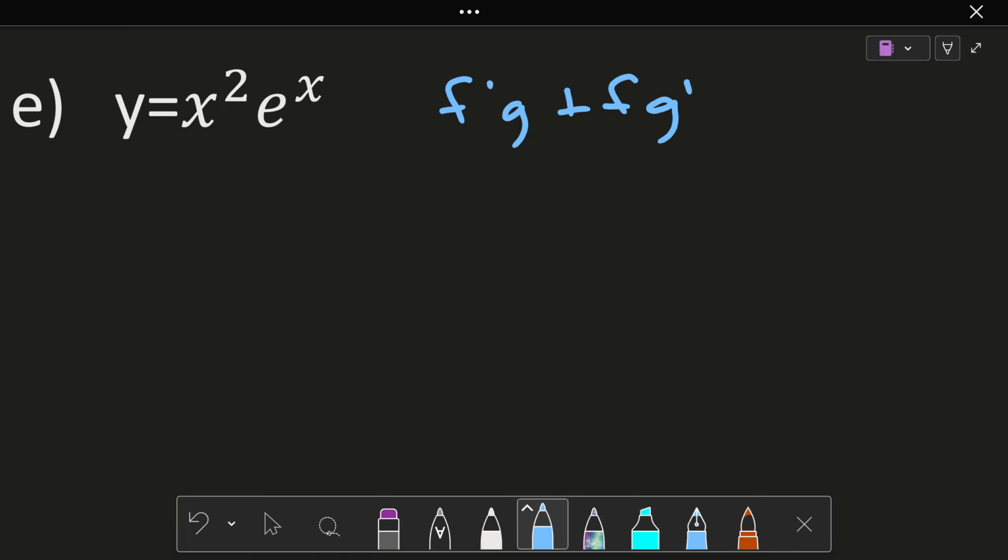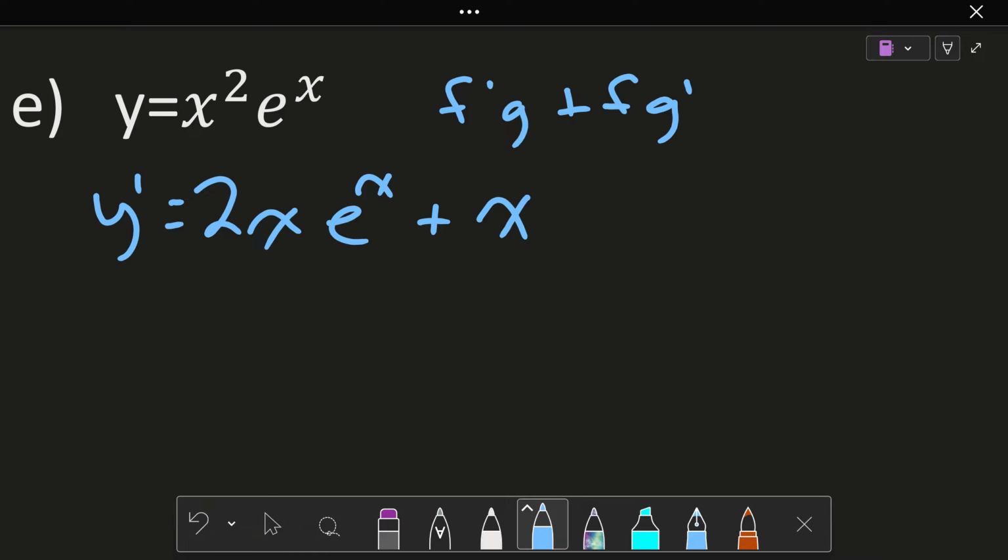So looking at this equation here, I have to find the derivative of x squared, which is 2x. Then I just rewrite my g, which is e to the x. Then I put a plus in there, and then I leave f as is, so x squared, and then I times it by g prime, so the derivative of e to the x is e to the x. And if you think about this again, we're really timesing this by the derivative of the exponent every time, but what's the derivative of x?